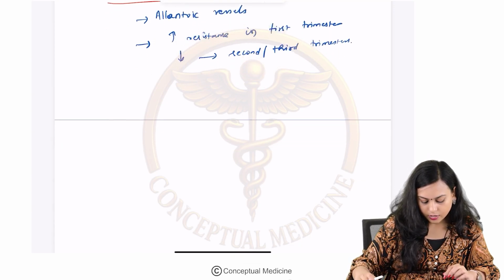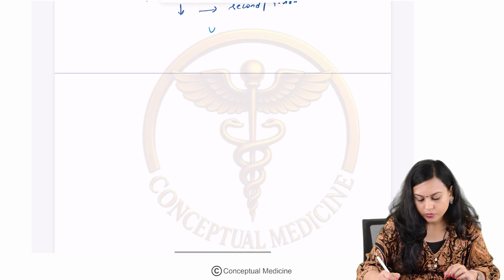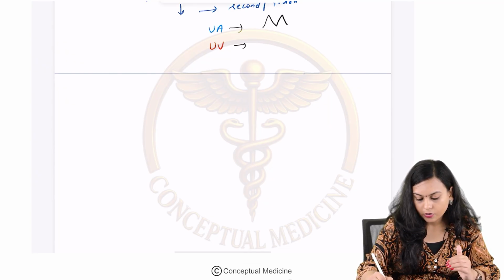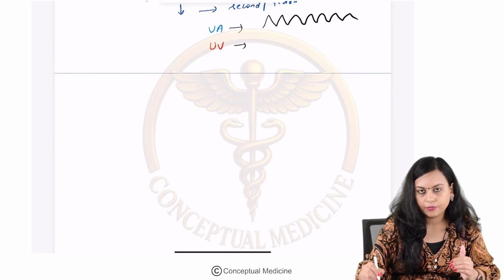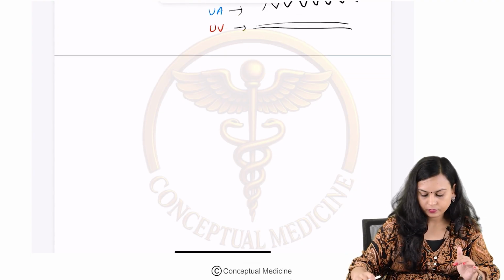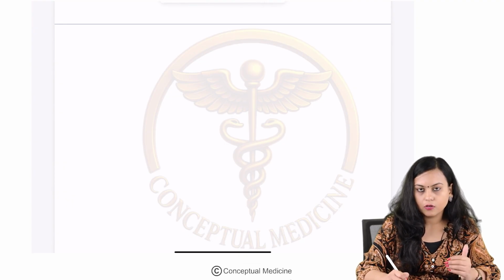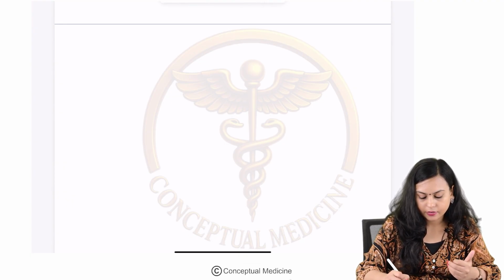Okay. Now, usually we have umbilical vessels, which means we have umbilical artery and umbilical vein, right? So, usually if you see the umbilical artery, you have a sawtooth type of flow, and the umbilical vein will have a continuous flow. Clear? Now, there are certain indices also to measure this umbilical artery and uterine flow.